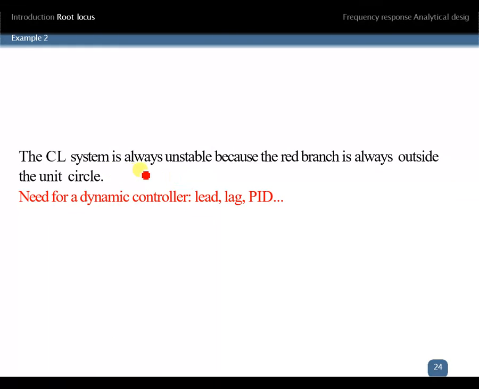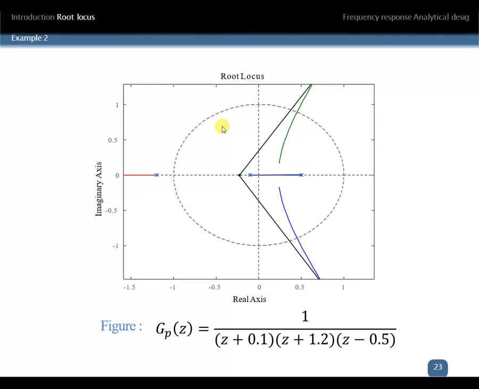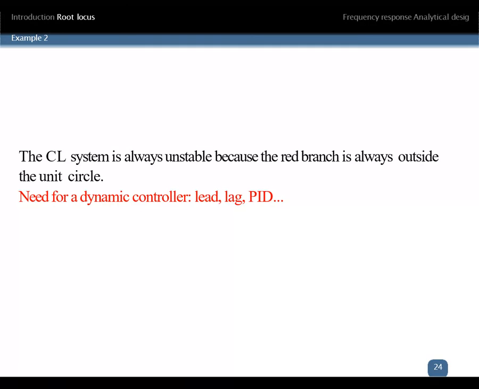The closed loop system is always unstable because the red branch is always outside of the unit circle. If you see, this is out of my circle, and your system becomes unstable.